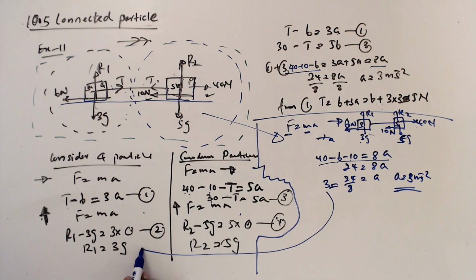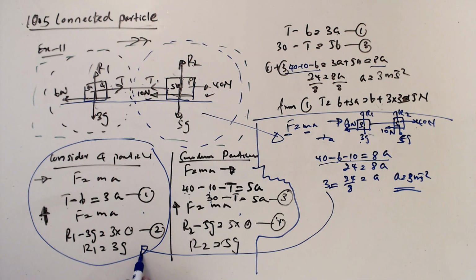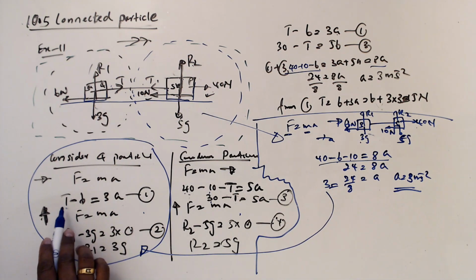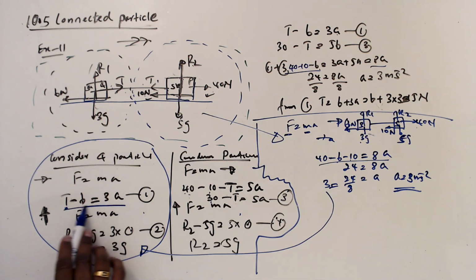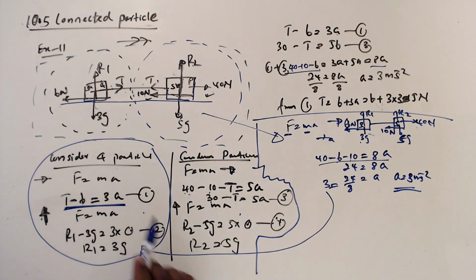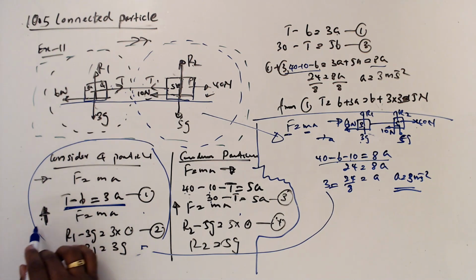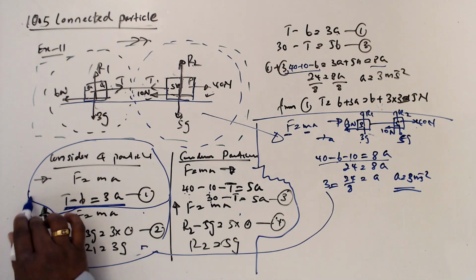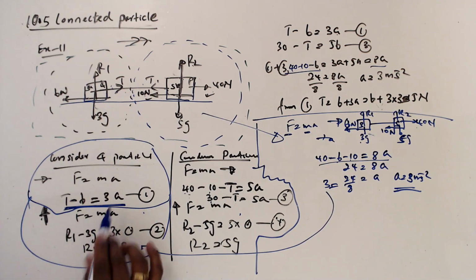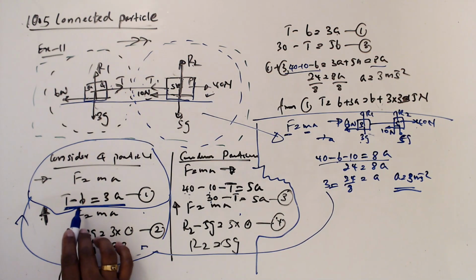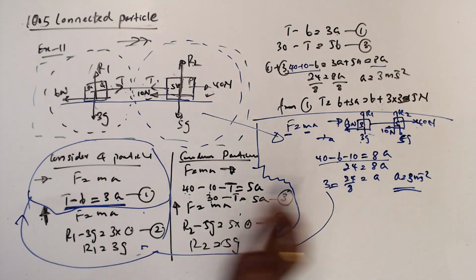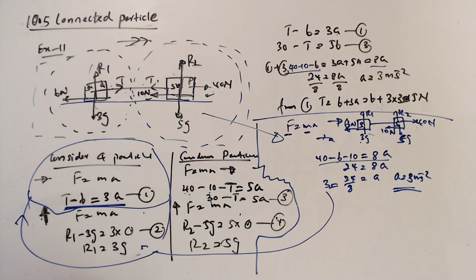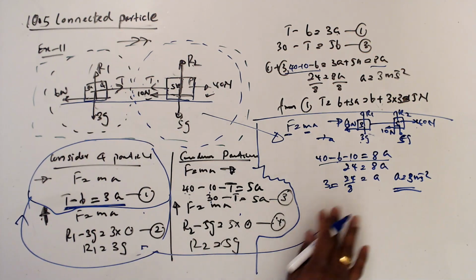Then you can consider only one particle, and then you will get an equation with T, and you can find T. T minus 6 equals 3a. Then you already found a, so you can find T. So that is another approach.